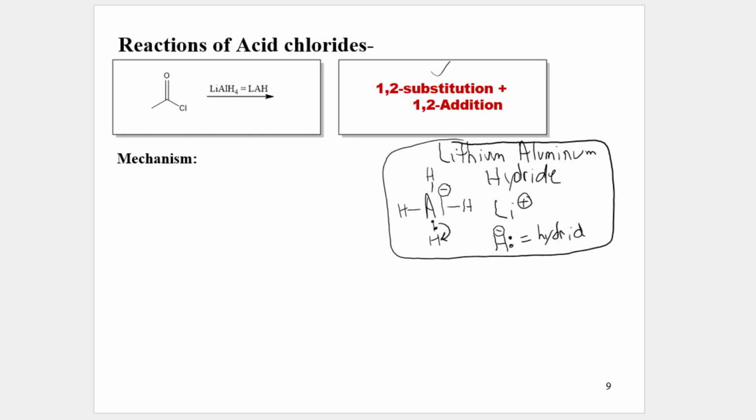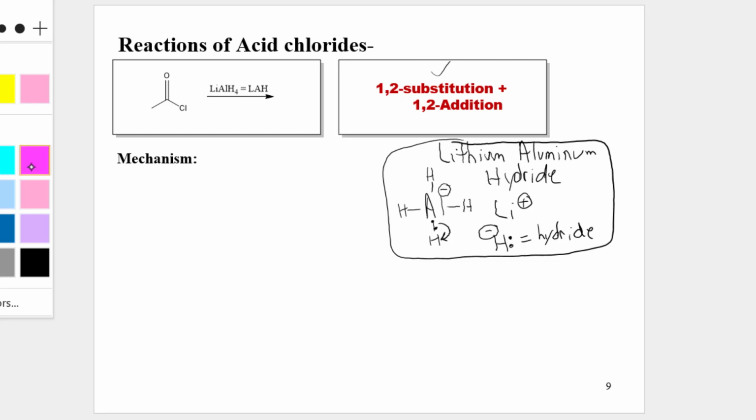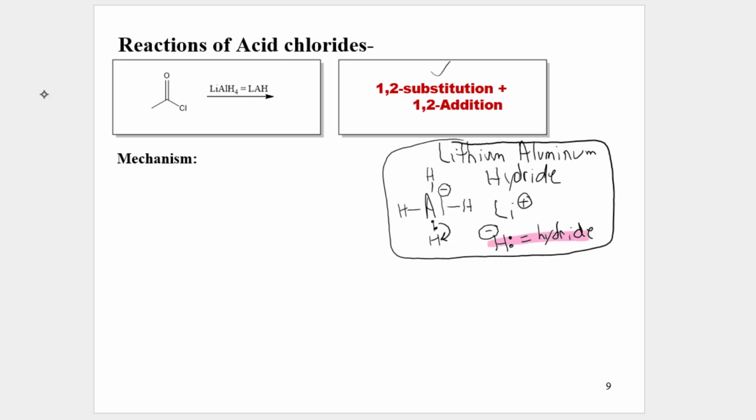And we have different forms that we can purchase so that we can use H- as a nucleophile or a base. So hydrides are really interesting because they can be our base or nucleophile, and we can purchase them. We can buy lithium aluminum hydride.